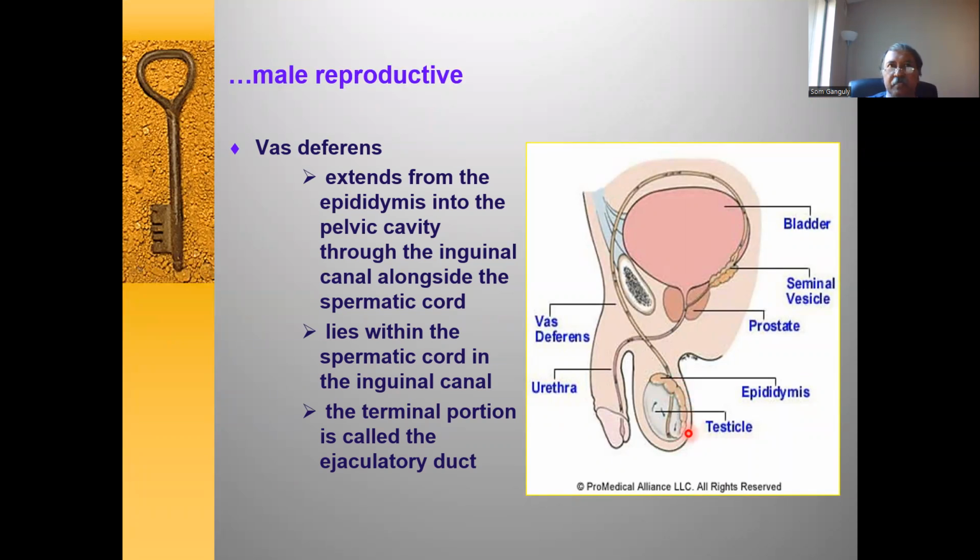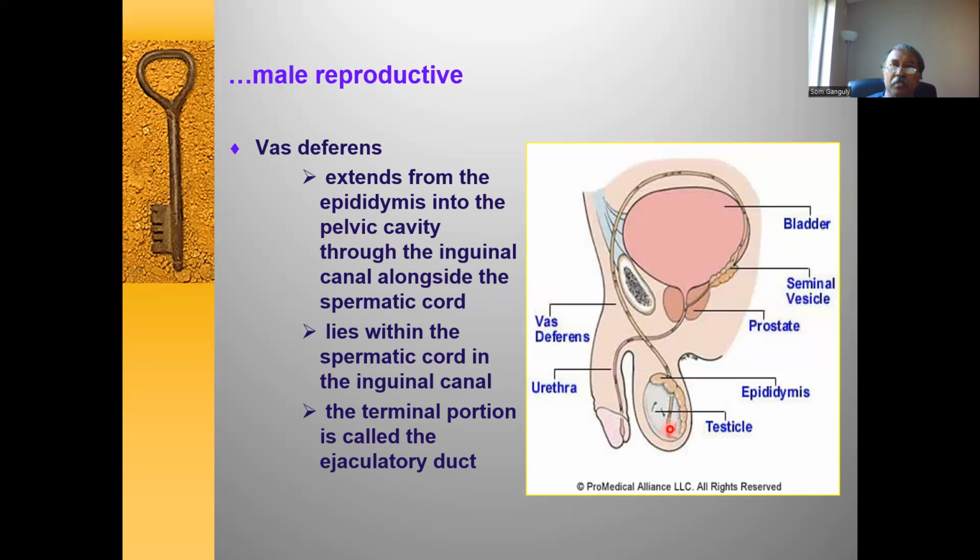Epididymis is basically the functional element of the testis. That is where the sperm matures and is stored. The epididymis then originates the vas deferens, or the spermatic cord.